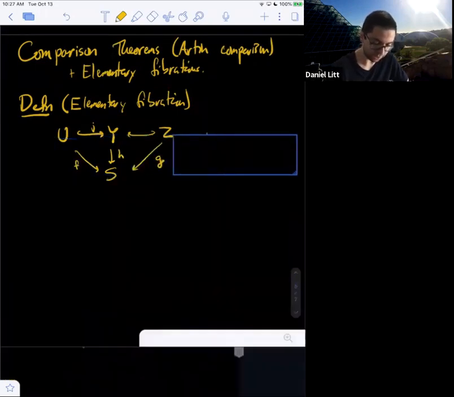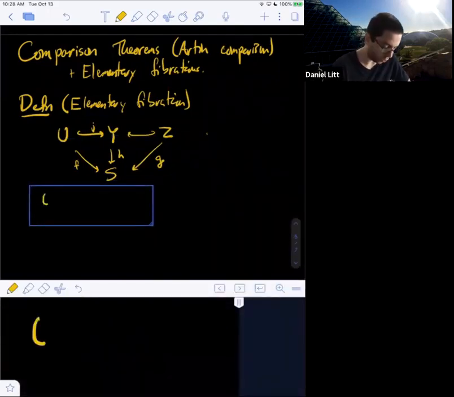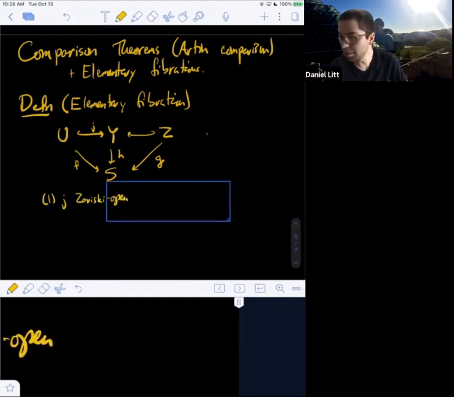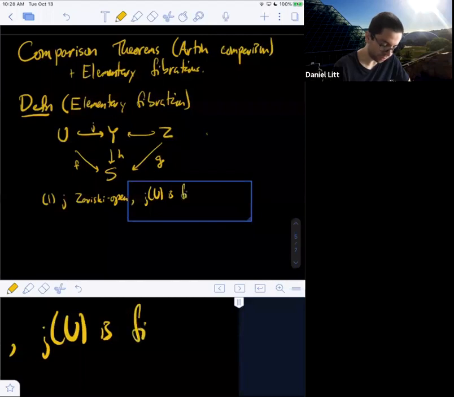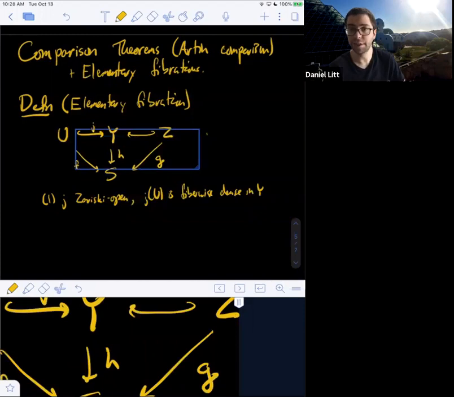Okay, so you have a big diagram like this. What are the properties of the maps? One is that j is a Zariski open embedding, so U is an open subset of Y. Moreover, it has the property that j of U is fiberwise dense in Y. In other words, in each fiber of Y over S, the image of U is dense in that fiber.